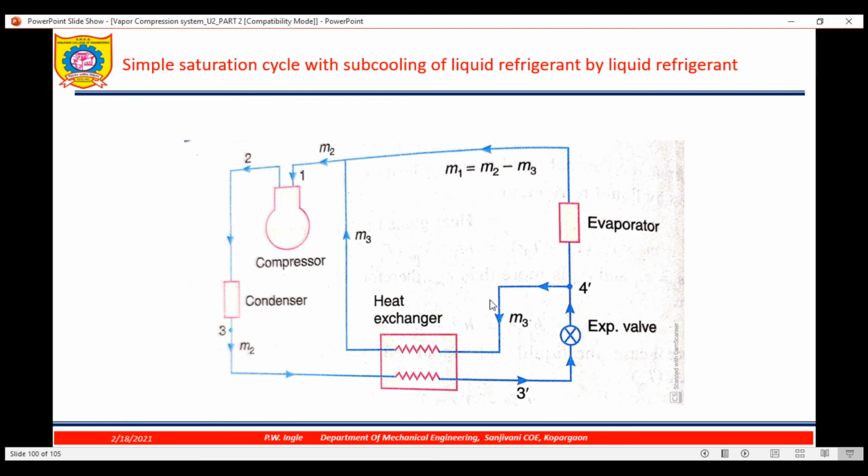So that will be passed through this heat exchanger, and pure liquid refrigerant will be passed to the evaporator. Now in the evaporator, evaporation is taking place. Here heat exchange is taking place between the refrigerant coming from the condenser and some vapor refrigerant coming from the expansion device, and pure dry vapor is provided to the compressor directly.